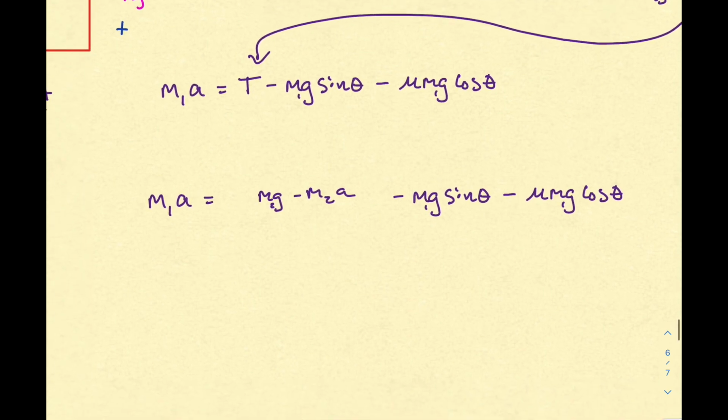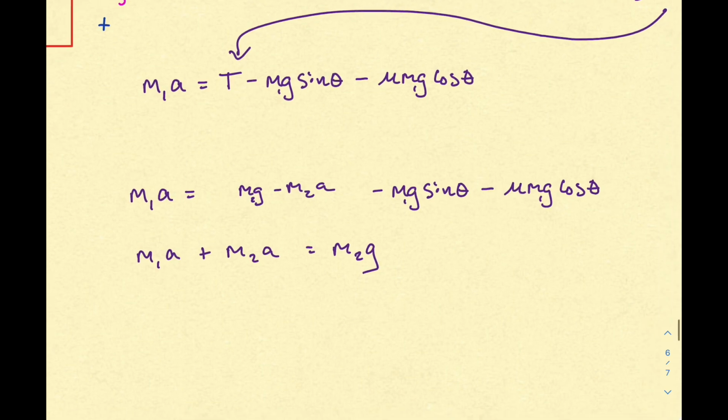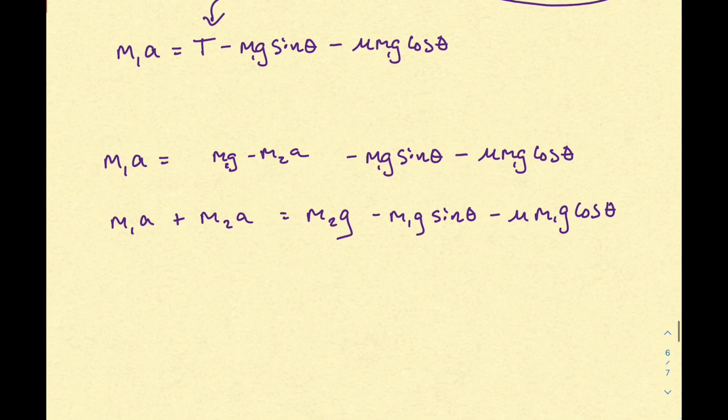This now becomes m1 a plus m2 a is equal to m2 g. Make sure you copy correctly. Minus m1 g sine theta minus mu m1 g cosine theta.